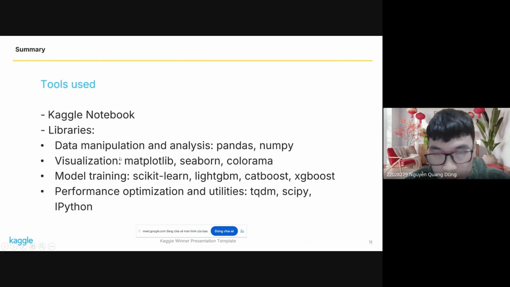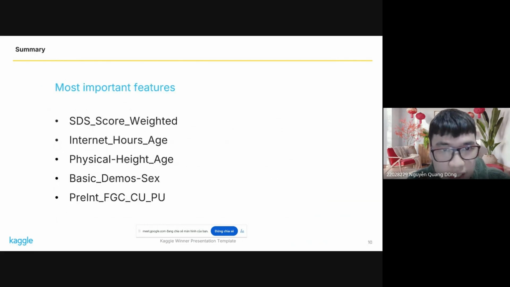The SDS score weighted is calculated as the raw sleep disturbance score multiplied by specific weights. The internet hours age is the combination of internet usage hours and age features. The physical height age is the combination of physical height and age. And this last feature combines internet usage hours, total push-up and curl-up.